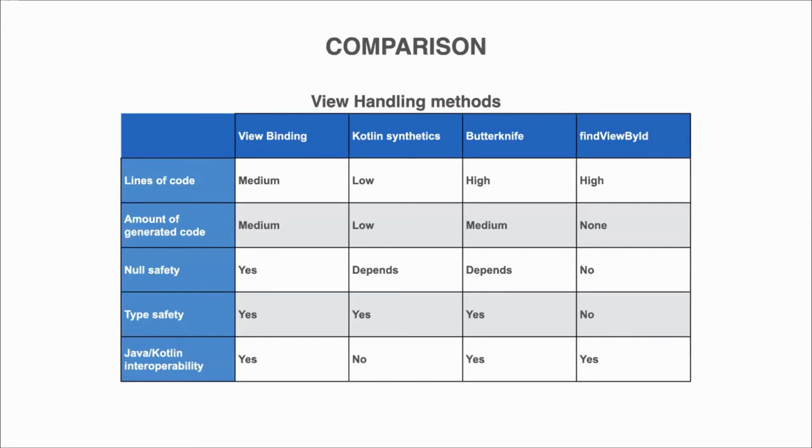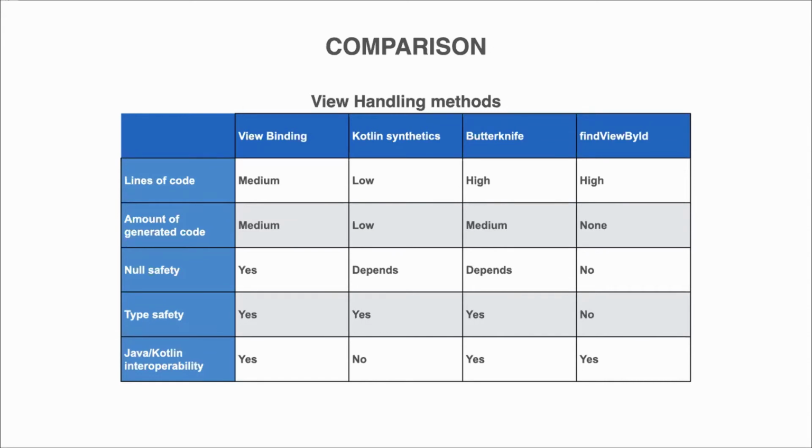But it's not that much. I would say it's medium. Kotlin synthetics, it's really easy. You just type the ID name of your view and you can do anything you want. Butterknife and findViewById, you need to have a variable for every view that you need to access. So that's a big amount of code.